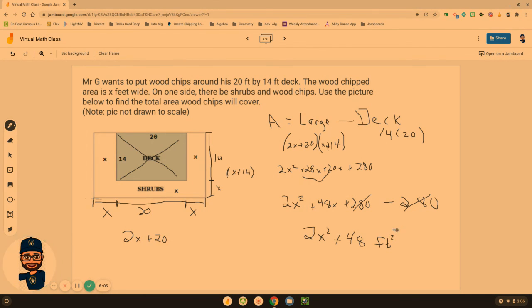So the area of the wood chips is given by that expression, 2x squared plus 48x square feet. Meaning if we knew the width, the x value, we could figure out how many wood chips we would need. That's how we apply expanding binomials: the distributive property twice, or FOIL, or box method, to figure out how much of a given area is left.